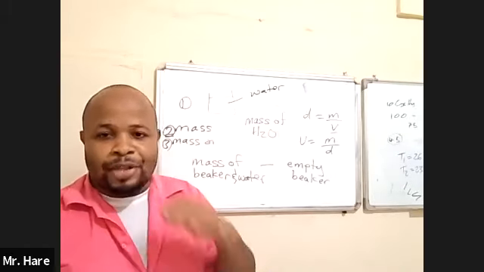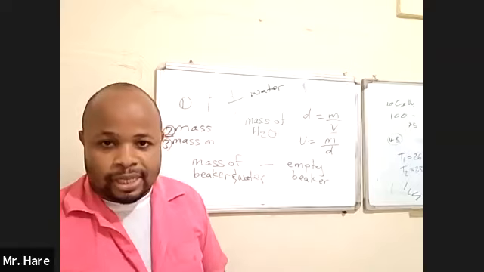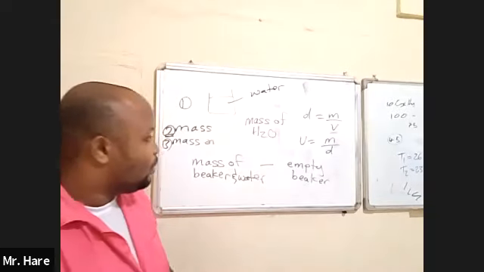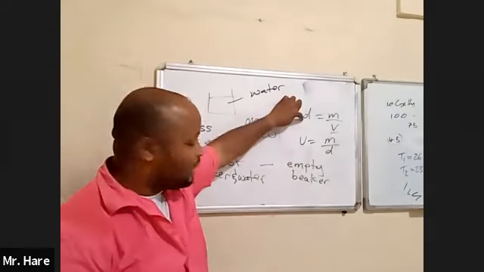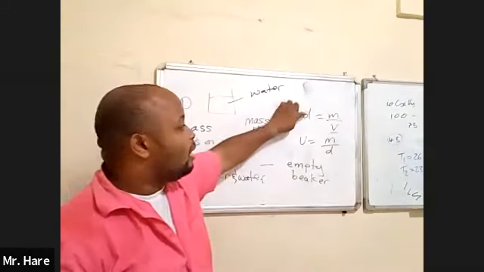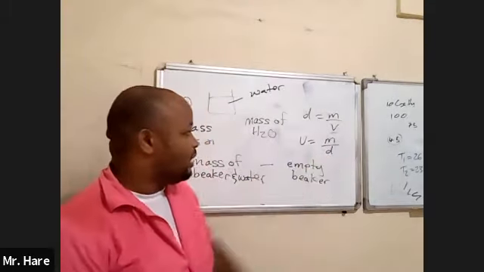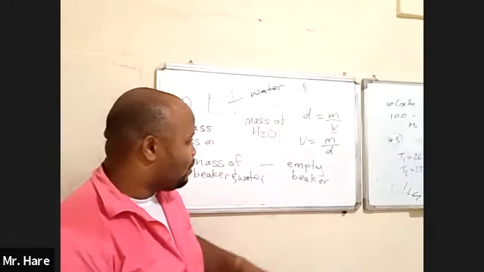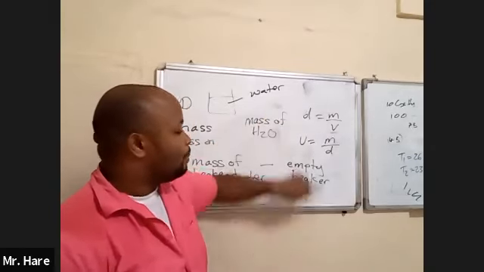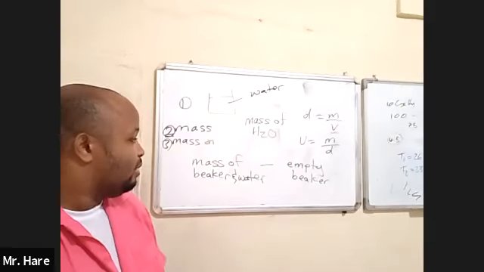So at 27 degrees Celsius, water has a different density from 27.5, 28, 26. So the purpose of recording the temperature is so that we can get the density of the water and transpose the formula. So volume is mass over density. You would have gotten the mass from the experiment, and now that you know the density, you just put volume is mass over density.